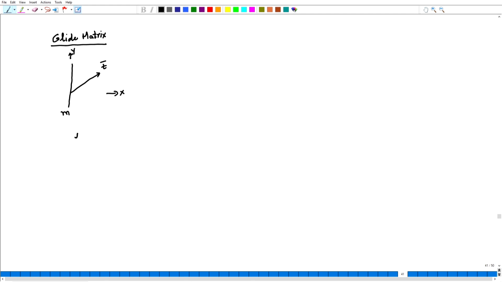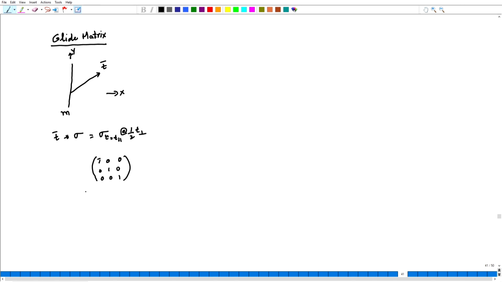So, reflection followed by translation gives me sigma tau, where tau is equal to t parallel and located at half the perpendicular component. In matrix form, the reflection operation, so my mirror plane is normal to the x axis, basically the mirror plane is in the yz plane. For that, the matrix is bar 1 0 0, 0 1 0, 0 0 1.